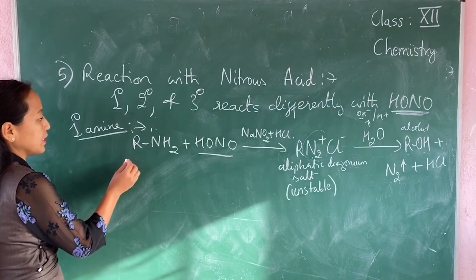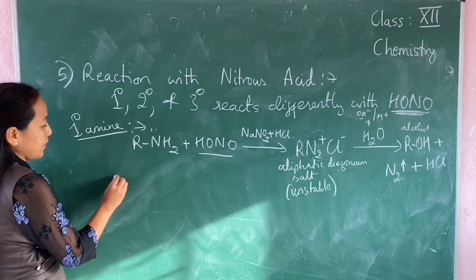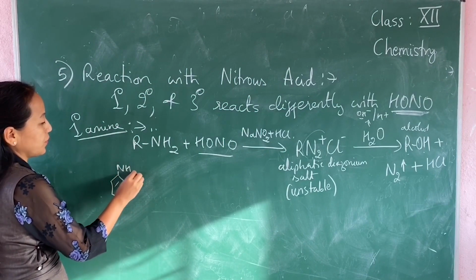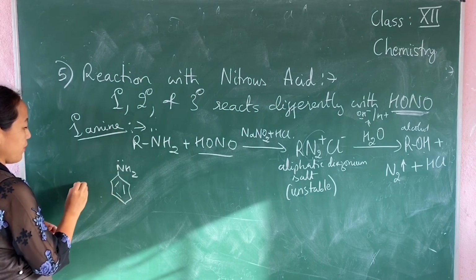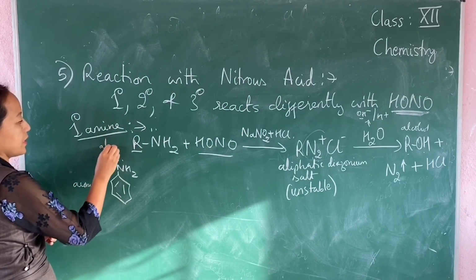Now if I take a primary aromatic amine, let's say I have benzene diazonium chloride, NH2. Now this is aromatic, whereas this one is aliphatic.